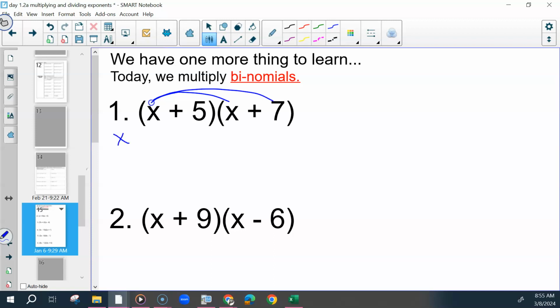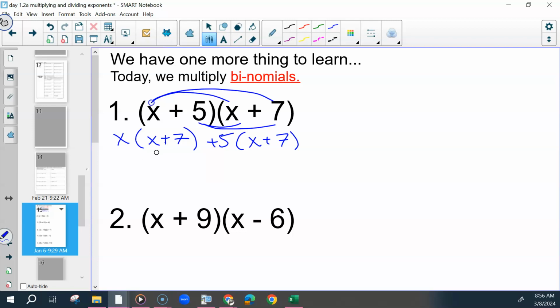So that would be like x times x plus 7. Now once you get the hang of this, you won't have to write it out like this, but if it helps you, you can still do that. And then take the second term and multiply it to everything in the second set of parentheses. And then we're just going to distribute everything.